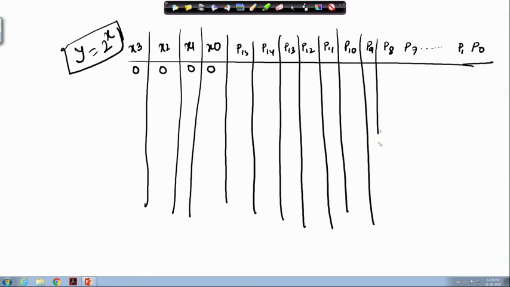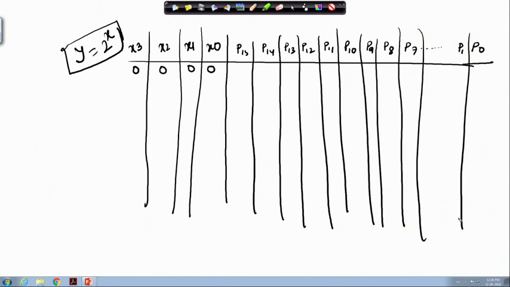If I draw it like this, then for all zeros of x, 2 to the power 0 equals 1. So, only P0 will be 1 and the rest of the bits will be 0.